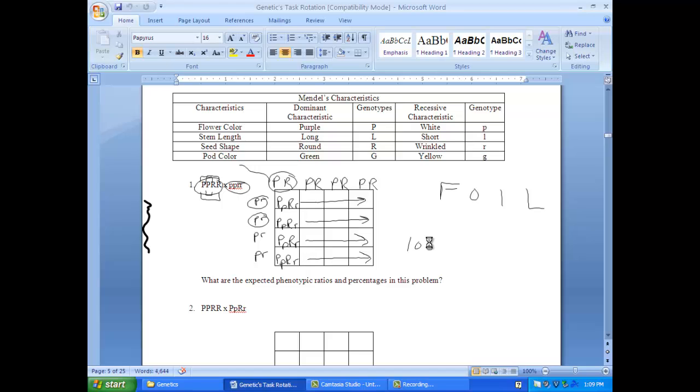So it's going to be 100% purple and round. Okay? So there it is. Question on the first one? Let's move on to number 2 then.